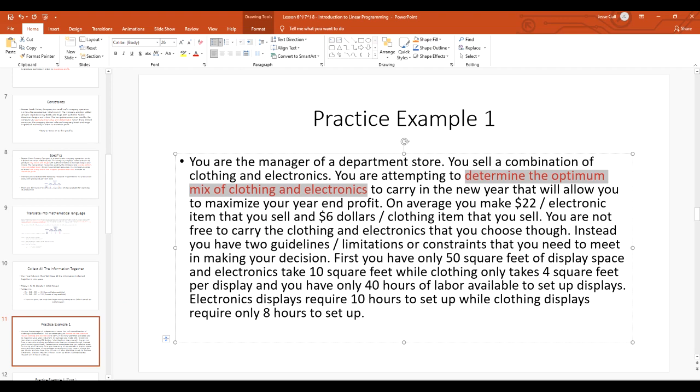So our decision variables: x1 is equal to clothing, x2 is equal to electronics, because these are the things that we do not yet know. We don't know yet how many of each we're going to carry, so we replace them with the variables x1 and x2.